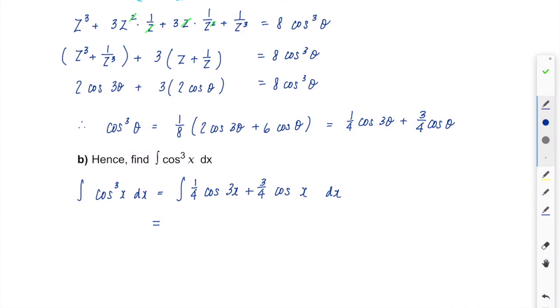So cos 3x has an integral of sine 3x over 3. Multiply that by 1 over 4, I get 1 over 12 sine 3x. And then for cos x, I know the integral is sine x. Multiply that by 3 over 4, plus C, and we're done.